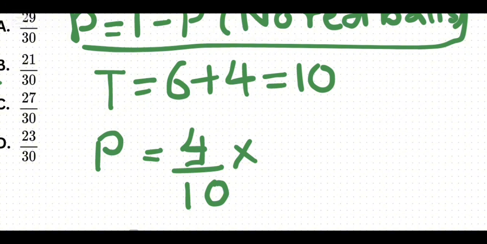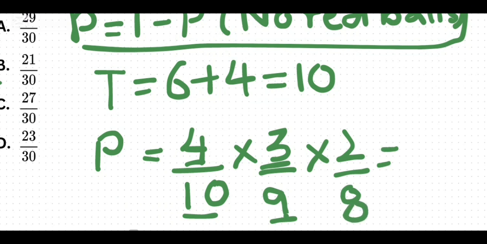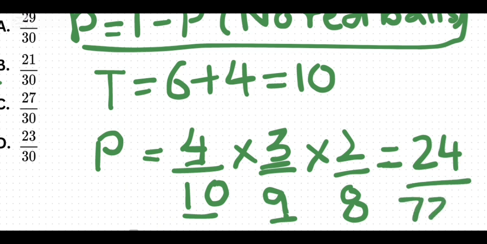because 4 reduced to 3 and 10 reduced to 9, right? And if you reduce it again, 3 reduced to 2 and 9 reduced to 8. If you multiply all of them, you will get 24 out of 720, right?